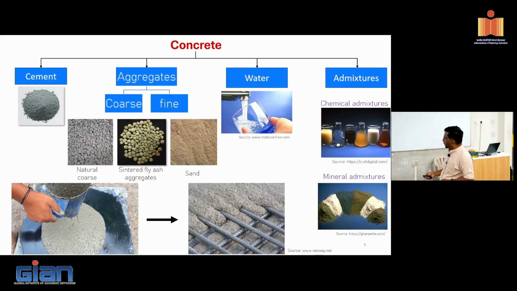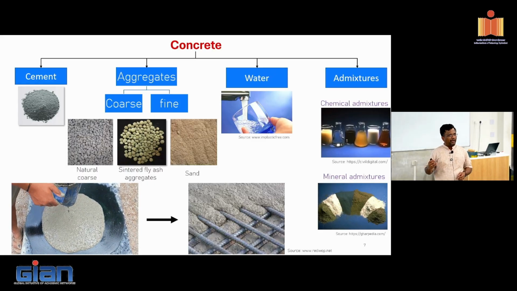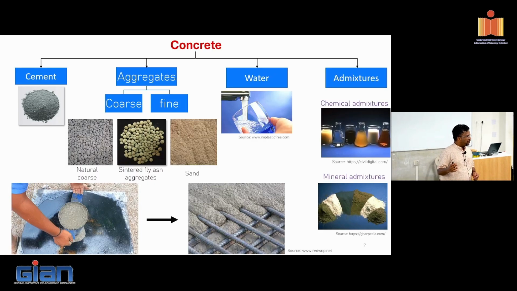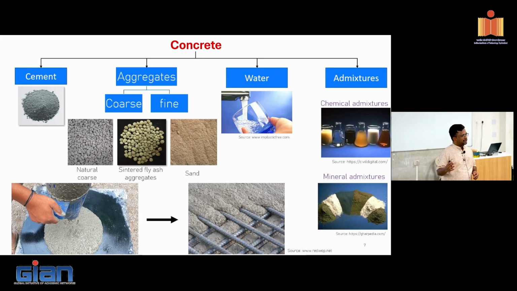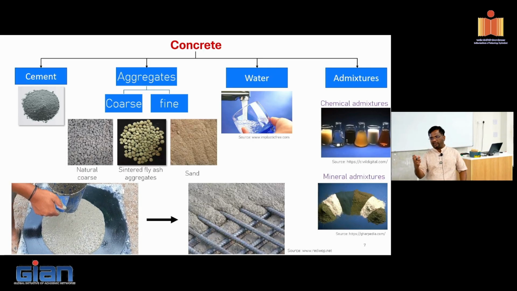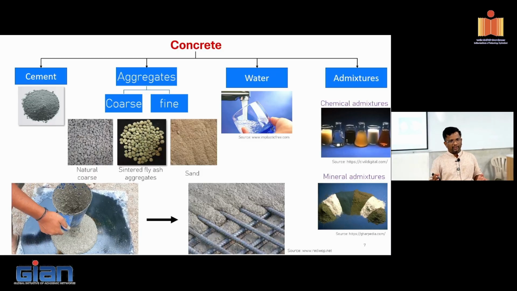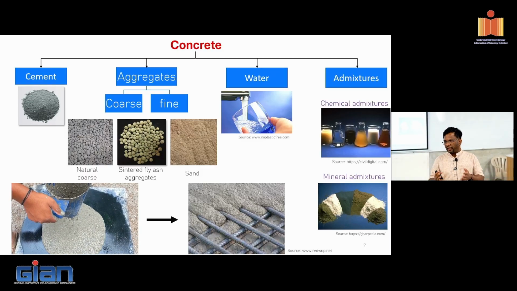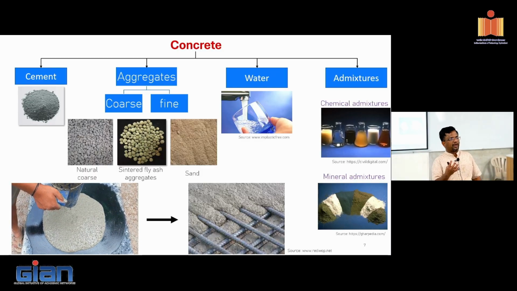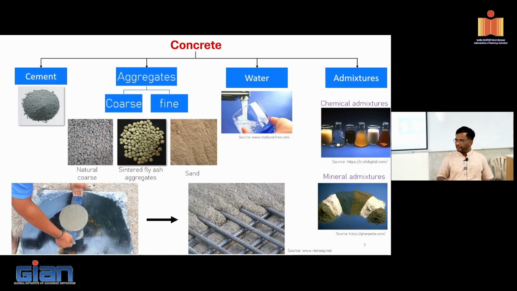Now the flow of concrete, how do you tailor? Again with superplasticizer or by proper gradation of your aggregates. If you have large size aggregates in the system, then it will not flow easily, right? So if I want to have a flowable concrete, the powder content should be on the higher side, right?